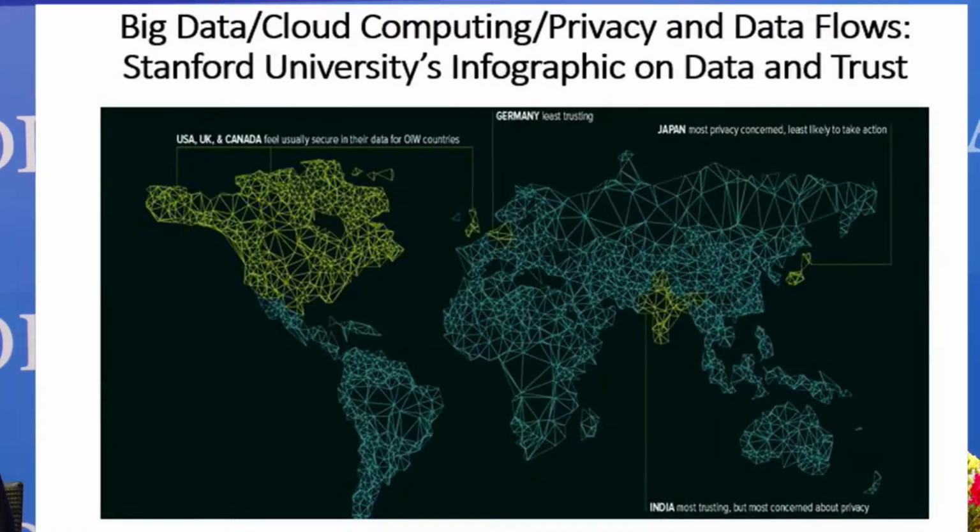Now, when I come to big data, and this is something that I saw in a Stanford University publication recently, the issue basically is of trust, of where this data is stored. Now, this shows USA, UK, Canada, they feel secure and trust in the data that is stored on cloud platforms.